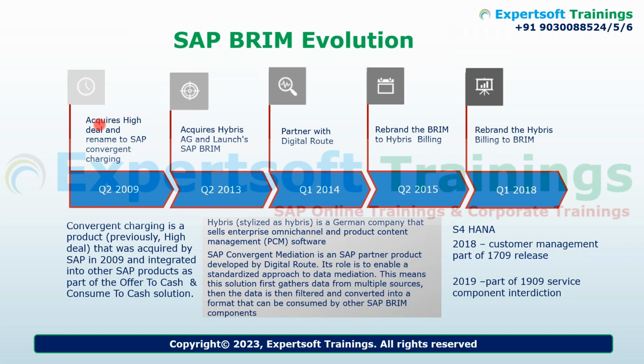But again, as I said, Hybris was a very complicated integration in order to enable any sales motion, where we had Hybris as a cloud product and ECC, convergent charging, and convergent invoicing. There are various models you need to integrate.